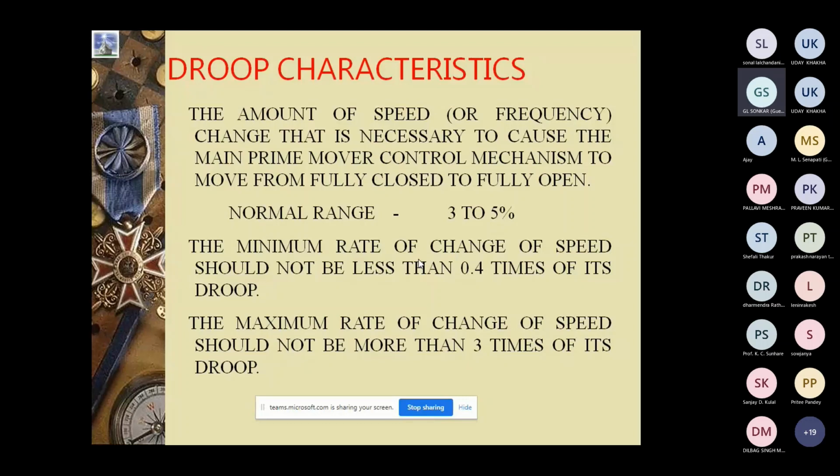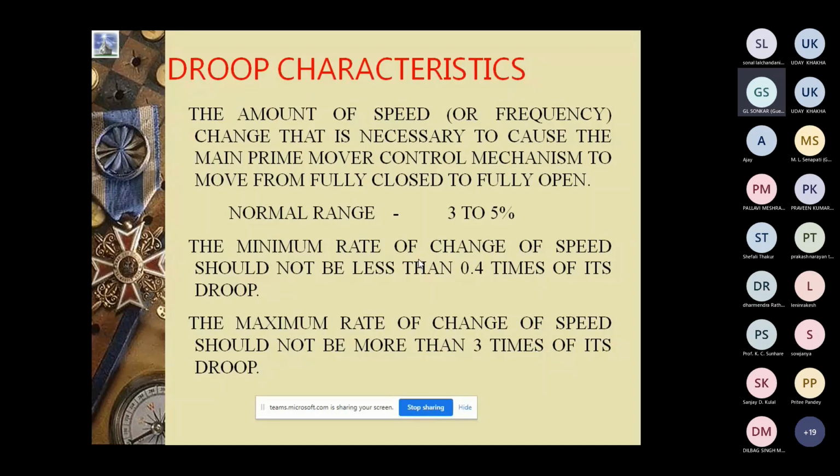Of course, I told you there is an opening limiter and a closing limiter. According to your limit, it will open. That is another thing, but up to your limit, it will open. What should be the change of speed? And again, the rate of change of speed also affects the droop.